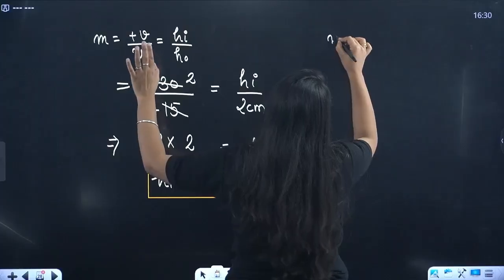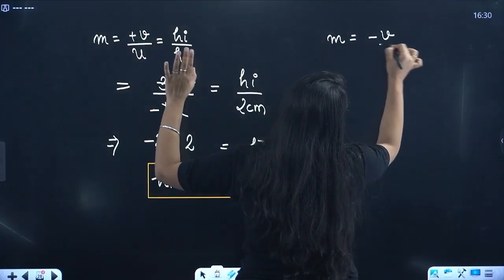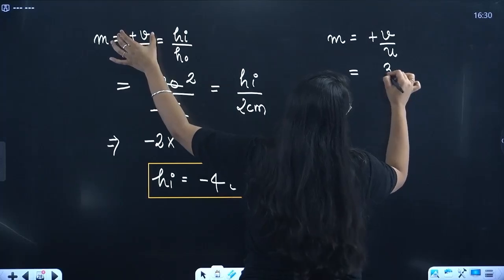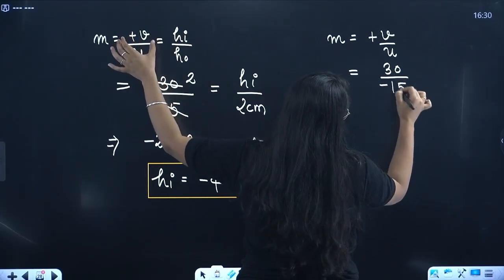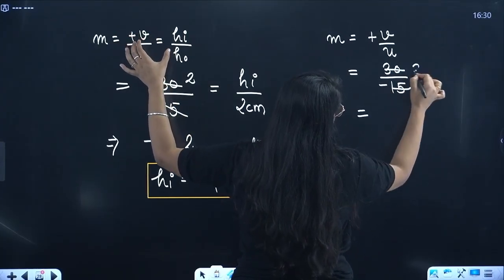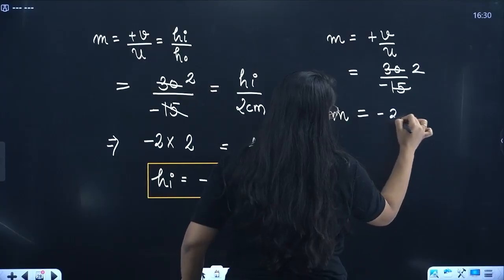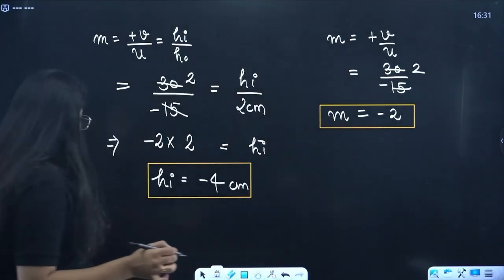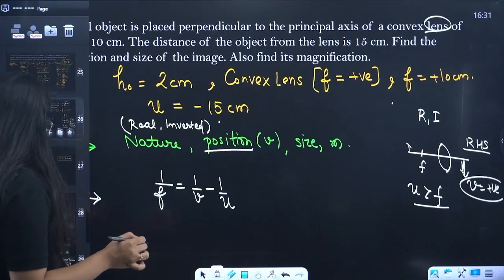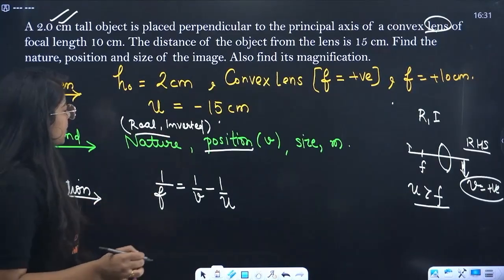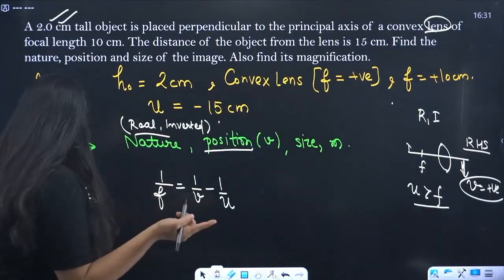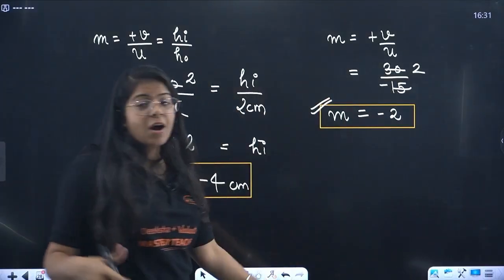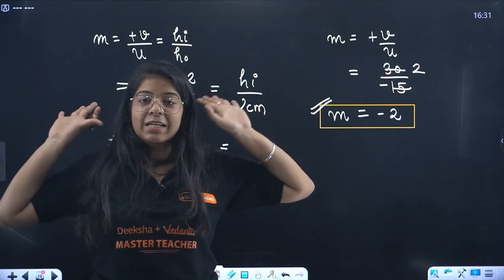Magnification is simply minus V by U, so this was 30 centimeter by minus 15 centimeter, so magnification is minus 2. It was a real and inverted image, and for a real and inverted image, magnification should be negative. Our magnification is negative, so our answer is perfectly true.